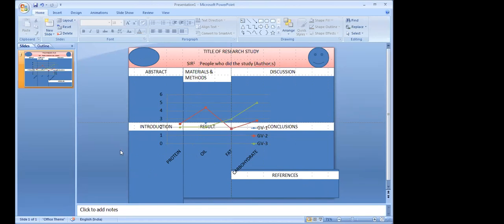So you need to give credit to that particular researcher and put the researcher's name here, so that it will be legal for you. No one can say that it is illegal.